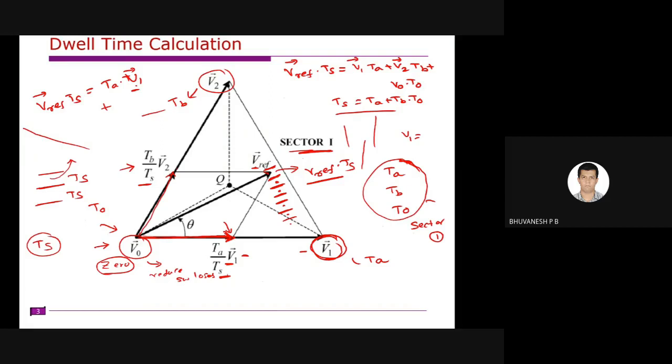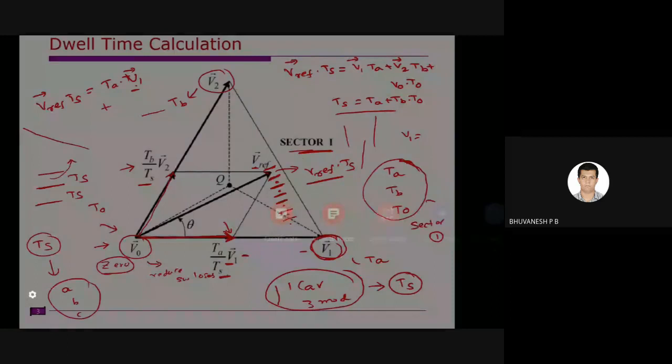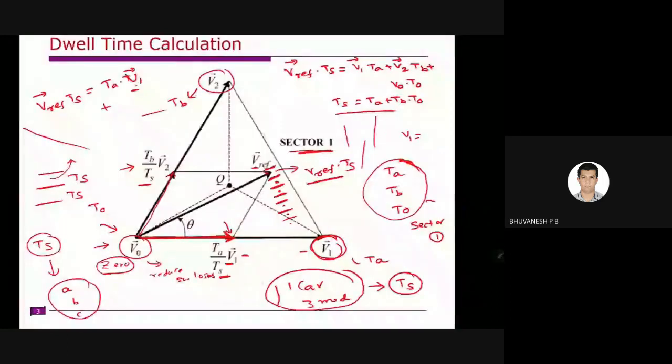That means you have one carrier and three modulating signals, right? Whatever is happening in sine PWM, the same should happen during this TS period. That means in the TS period, you need to obtain the A phase voltage, B phase voltage, and C phase voltage. So it must be equivalent to sine PWM.